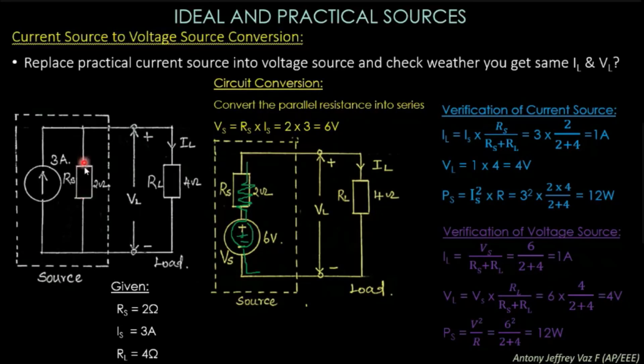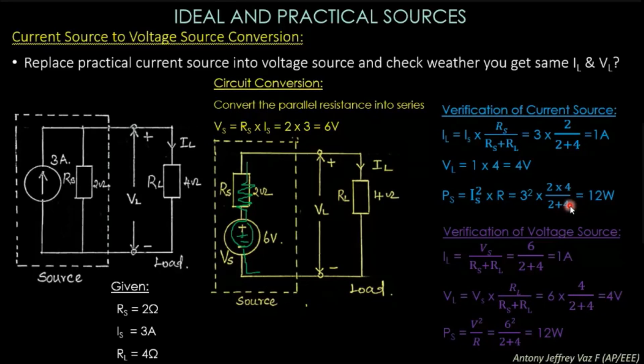So the complete resistance, that is the source resistance and the load resistance. To find the equivalent resistance, which are connected in parallel, we need to use 2 into 4 divided by 2 plus 4.